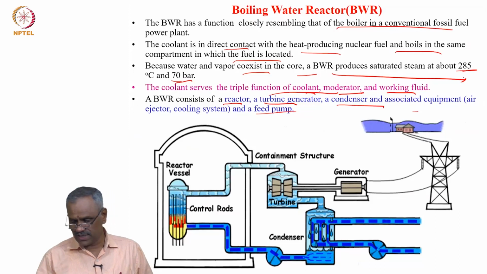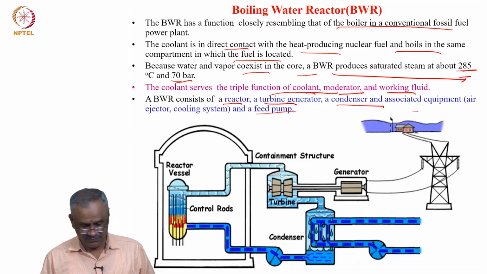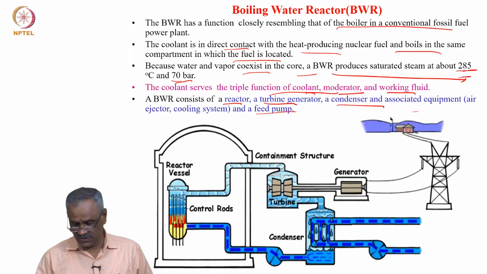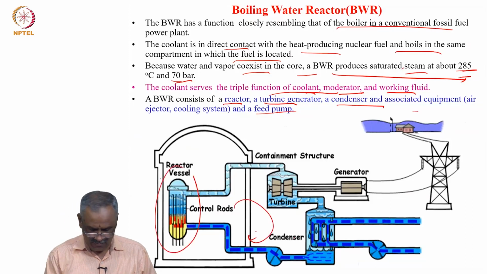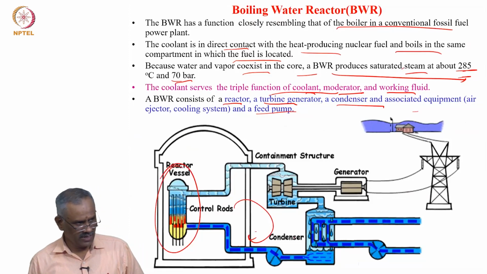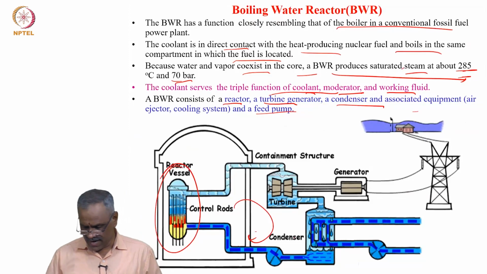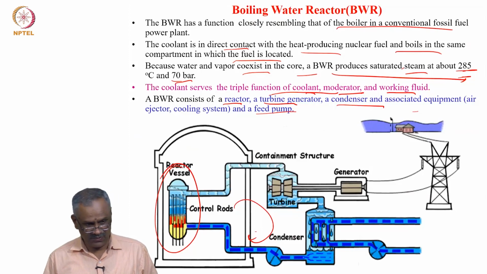That is why you get only saturated steam. The working principle is simple. This is again a Rankine cycle. Instead of a conventional boiler, you have a nuclear reactor, that is all. That is the difference, and the rest is the same. Of course it has its own advantages and limitations, because the performance point of view is better since there is no heat exchanger involved in this.